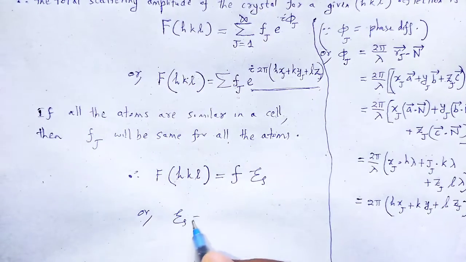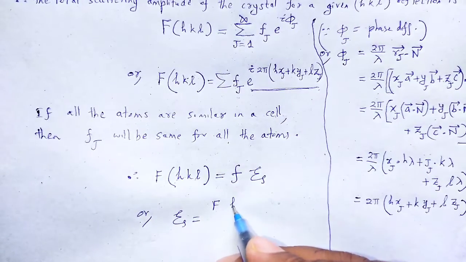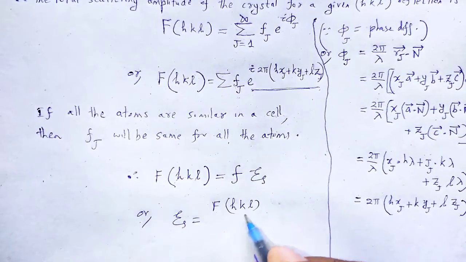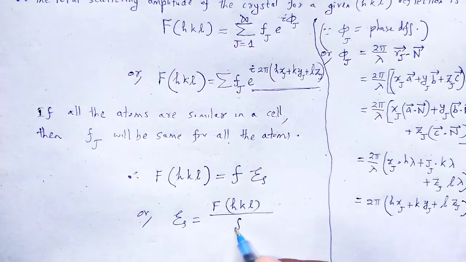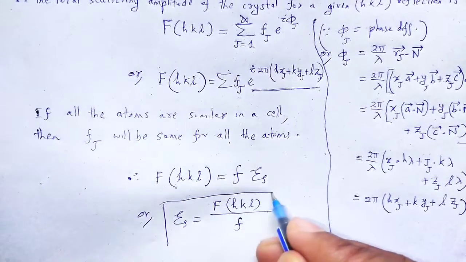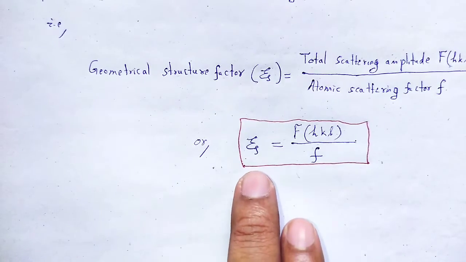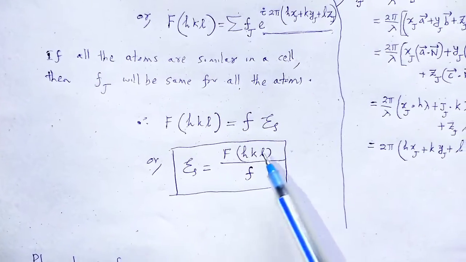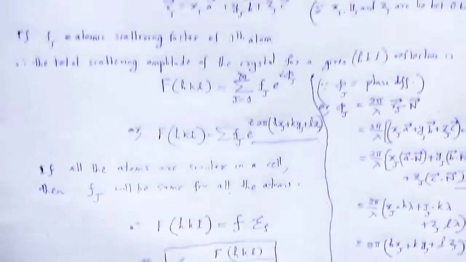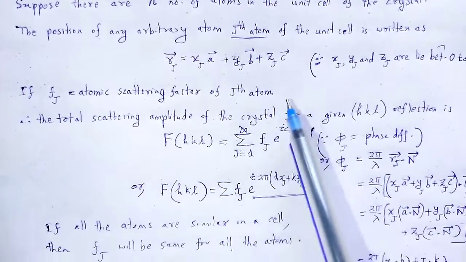Therefore, zeta is equal to f hkl divided by atomic scattering factor f. We derive that expression for the geometrical structure factor. That will be the derivation.